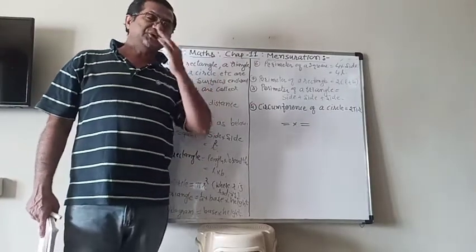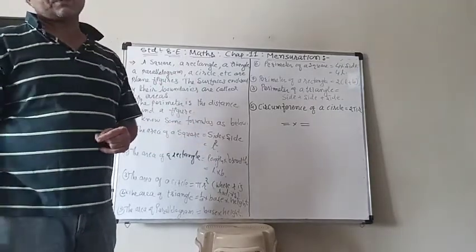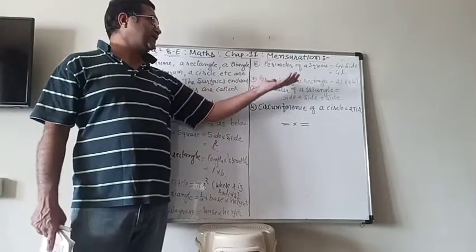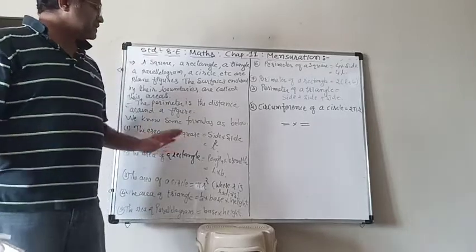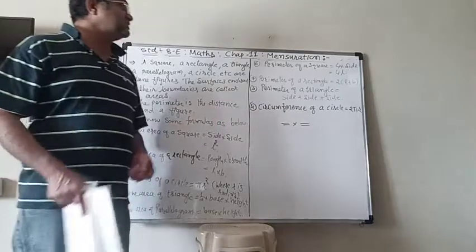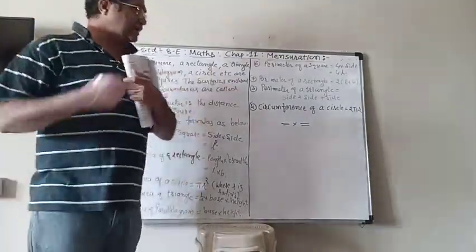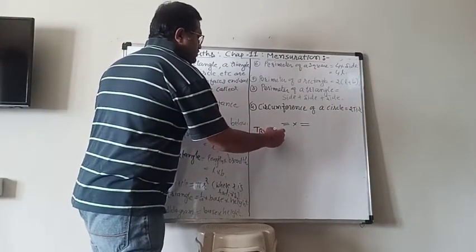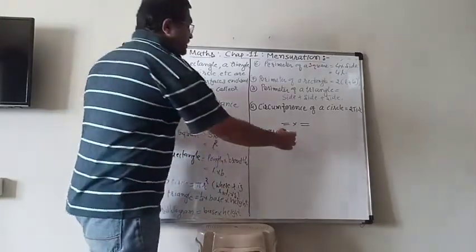So we are familiar with these different formulas, and it is very easy if the length, breadth or whatever required measurements are given. We can easily find out the area or the perimeter of this type of figures. Here in the try this, that is very simple. So try this on page number 170.